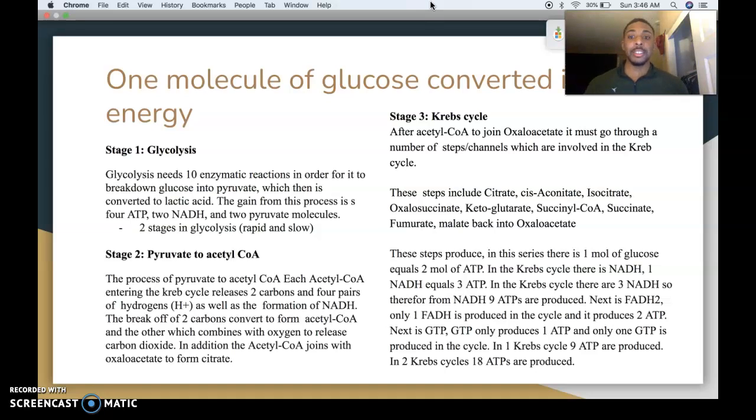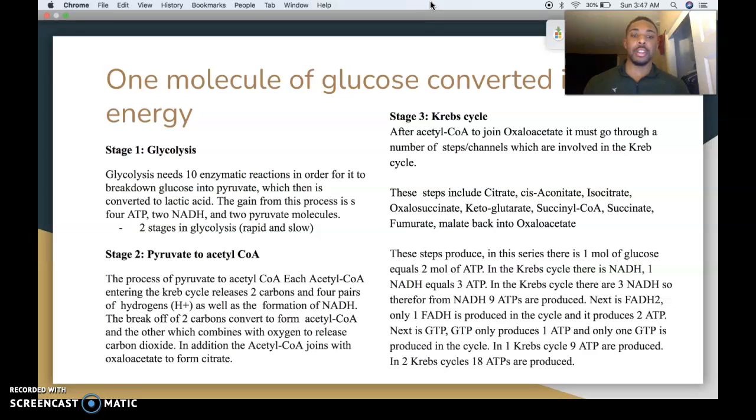Since glycolysis produces 2 pyruvate molecules, the Krebs cycle must happen twice. These steps produce NADH, and note that 1 NADH equals 3 ATP. In the Krebs cycle, there are 3 NADHs, so there are 9 ATPs from the NADH that are produced.